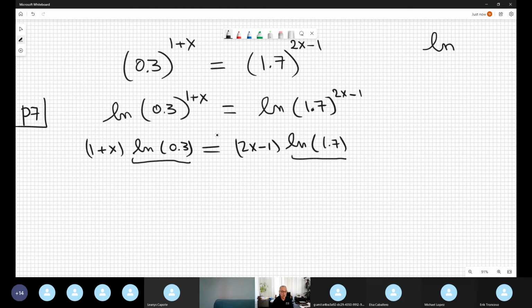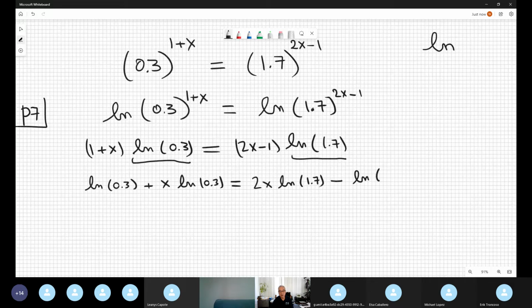So you apply the distributive property. Natural logarithm of 0.3 times 1 is natural logarithm of 0.3, plus x times natural logarithm of 0.3 again. Equal, on the right-hand side we have 2x natural logarithm of 1.7 minus natural logarithm of 1.7.